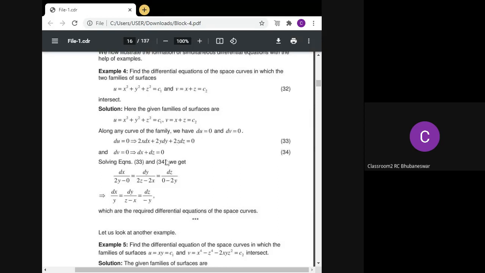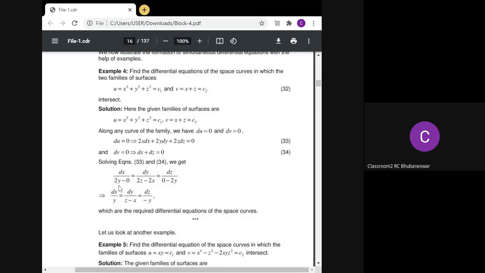In the same way, we are using the values of vx and vz to represent the second equation in equation number 34. So now we are solving in the same manner that was discussed earlier in the general discussion of formation of system of differential equations. So here we are solving these two equations in the form of dx, dy, dz, and the relation is in the form of proportion.